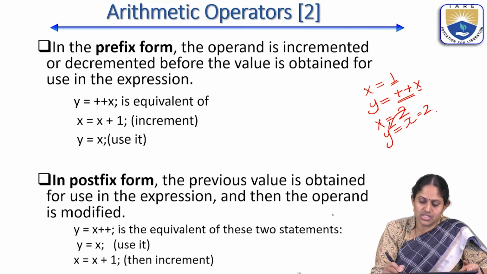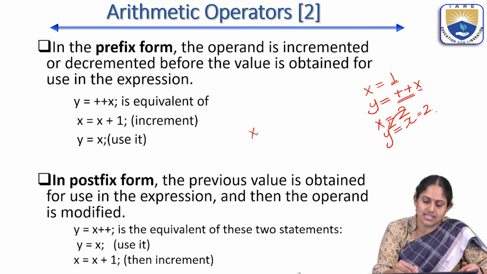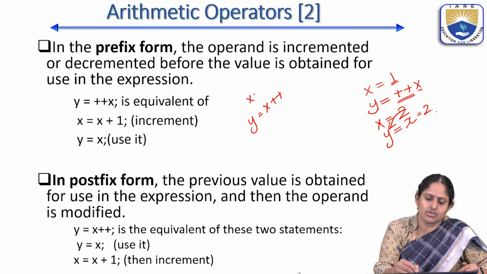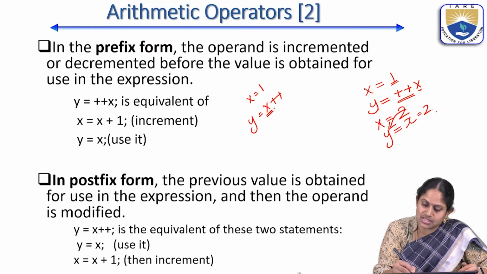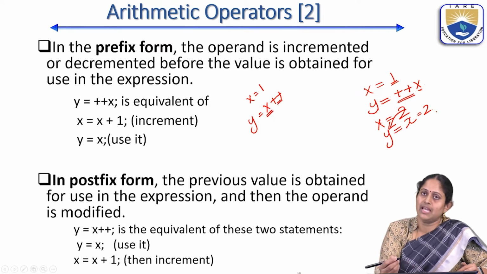Whereas in postfix form, we have, let's say, y equal to x plus plus, and x was initially 1. Here it will use the value first, then the value of x will be incremented.